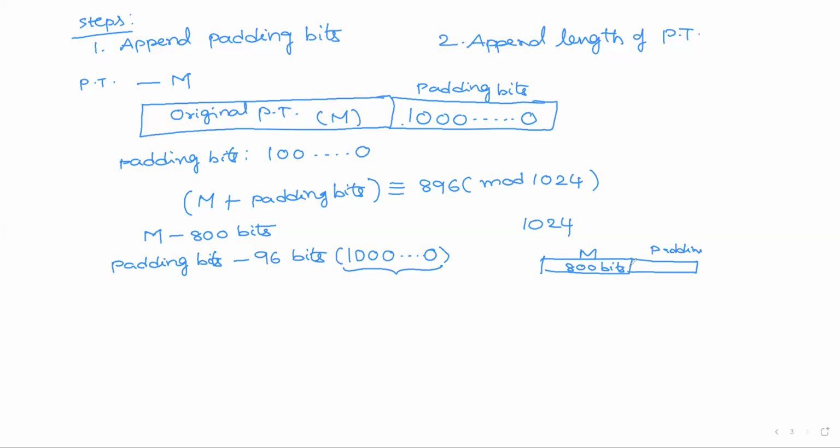Why? Because 800 plus 96 means 896. The maximum block size is 1024 bits only, no?